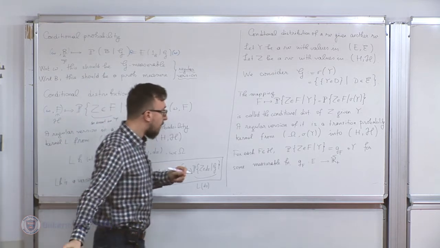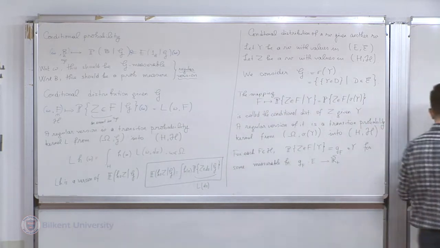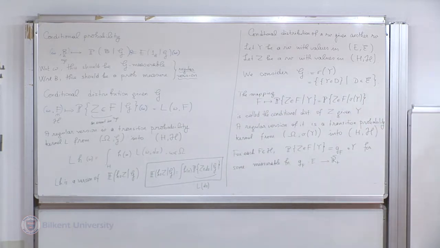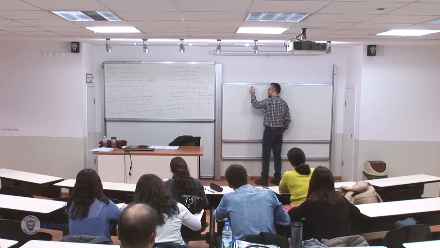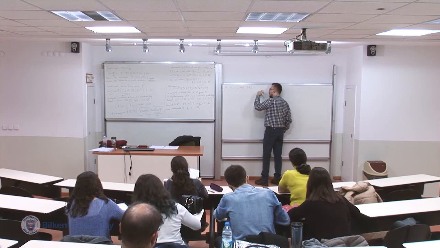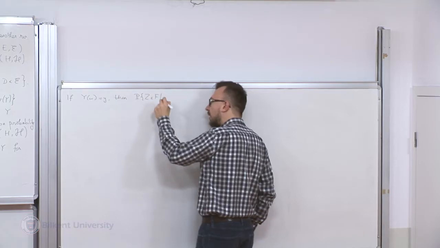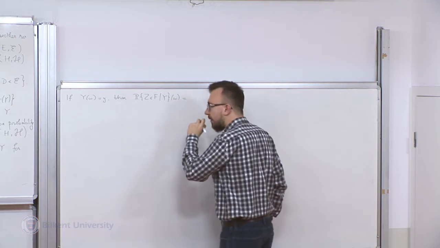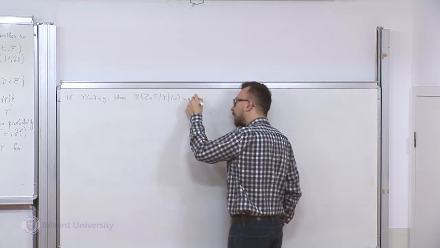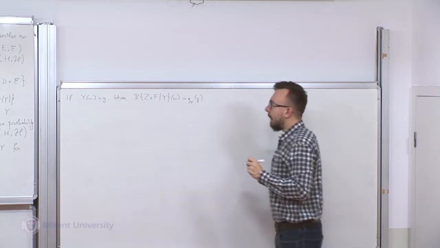We can say it. And indeed, we can also talk about the following. So if Y of omega is little y, then we know that the conditional probability of Z in f given Y at omega is going to take the value g_f of y, right?